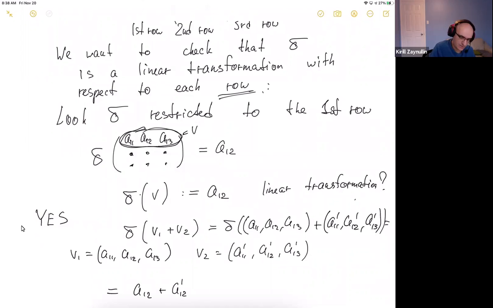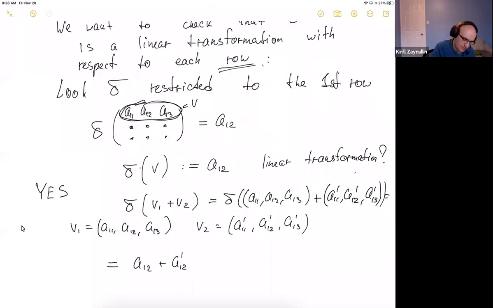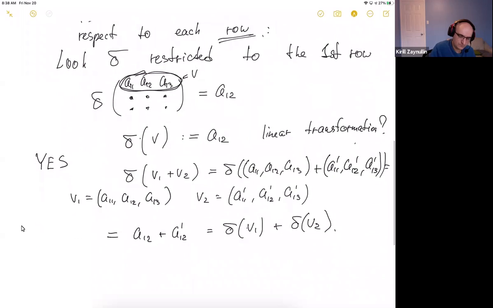That's precisely what I want, because it is delta of V1 plus delta of V2. I add these two vectors using the standard addition rule and look at the second coordinate, which is just the sum. In the same way, you can check that this respects scalar multiplication.